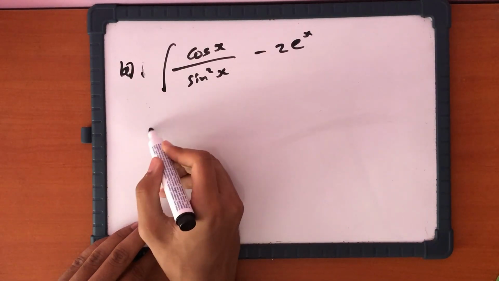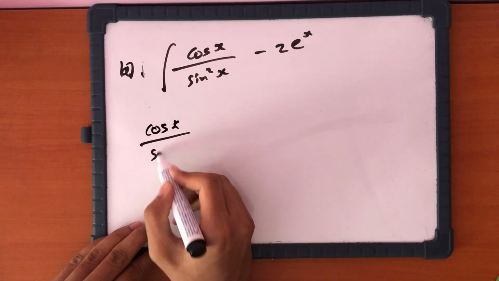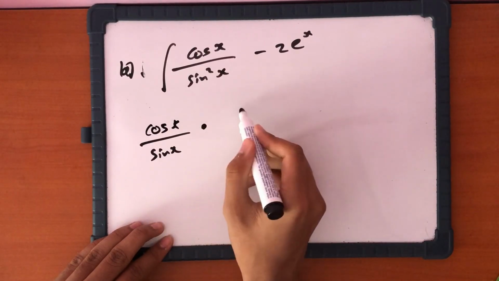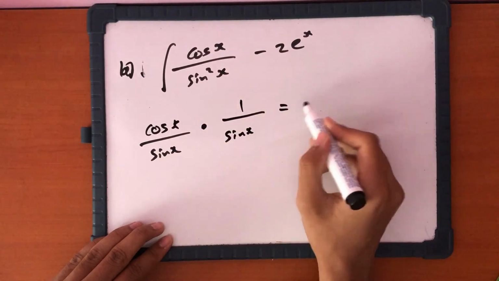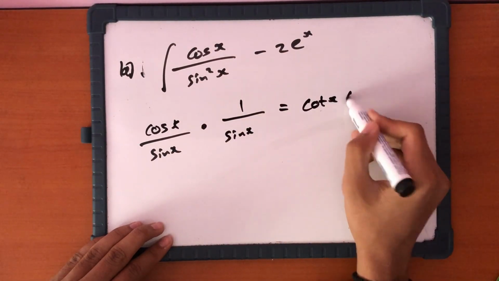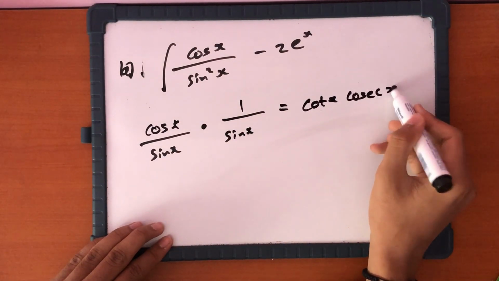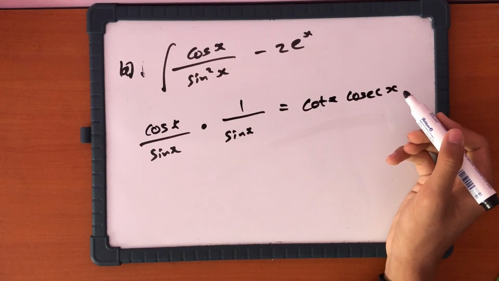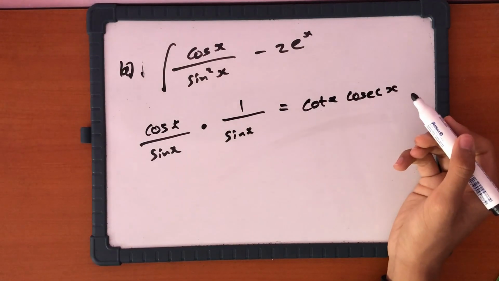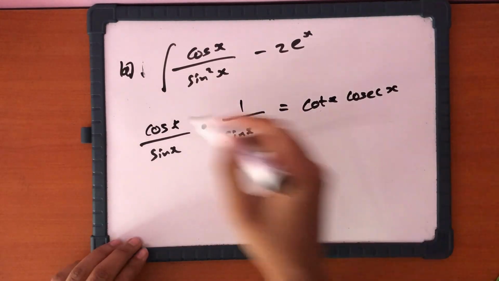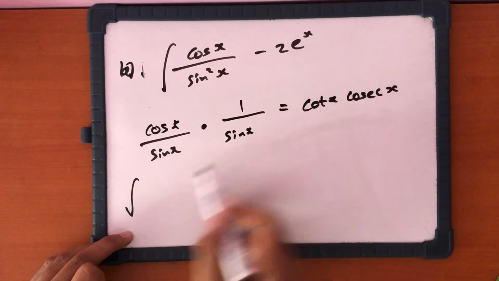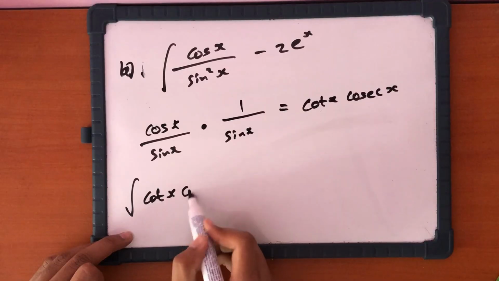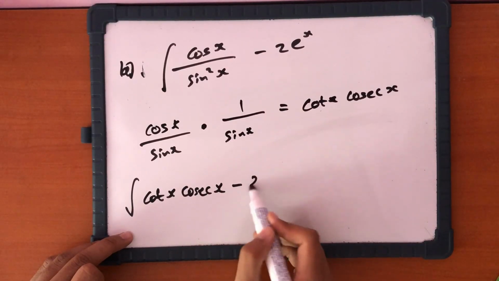You can say that cosine x over sine squared x is the same as cosine x over sine x times 1 over sine x, which gives us cot x cosec x. And remember from an earlier definition I gave you, the integral of cosec cot, so the integral simplifies to cot x cosec x minus 2 e raised to x dx.